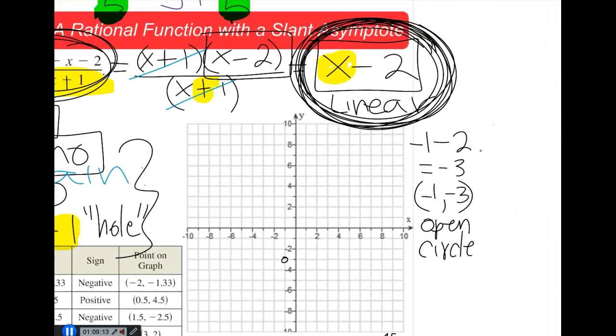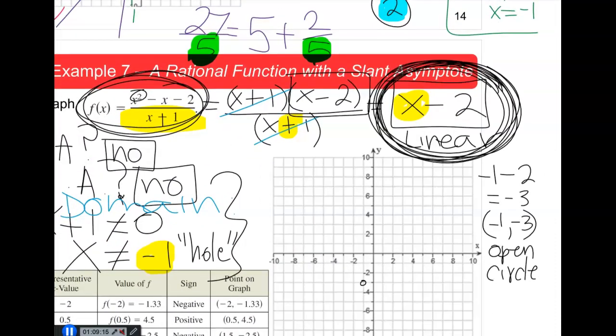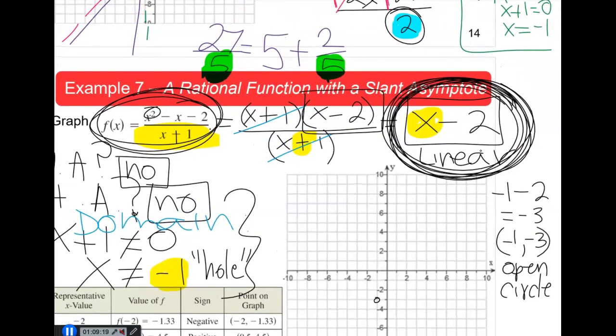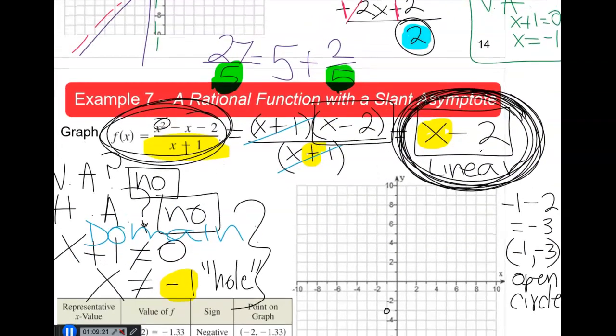And then what else will we have? Well, we know that the slope is 1, right? And we know the y-intercept is at 0 comma -2 because the constant term is a -2. So I can graph that one, 0, -2, and that will be a solid point because that's actually on the graph.